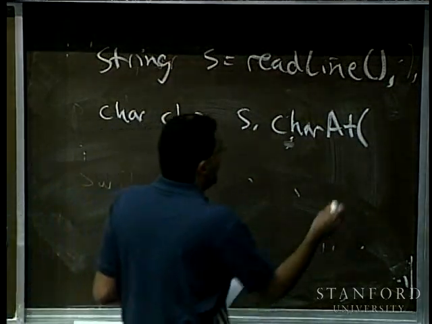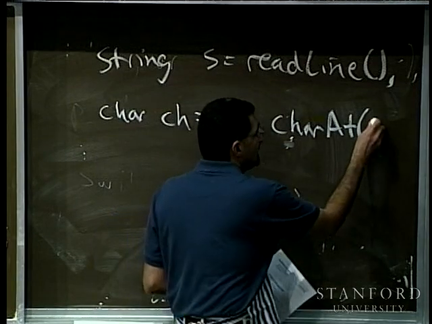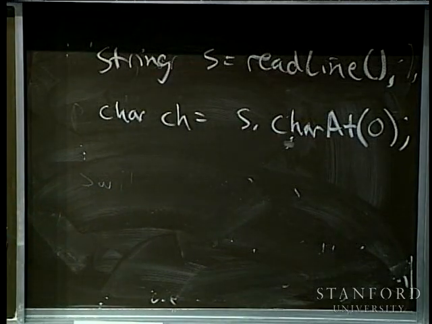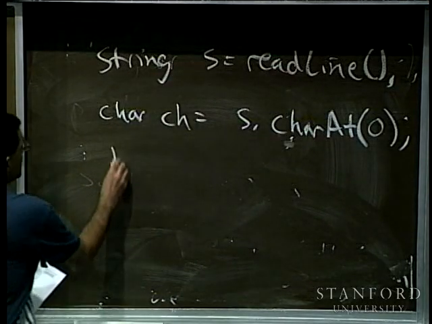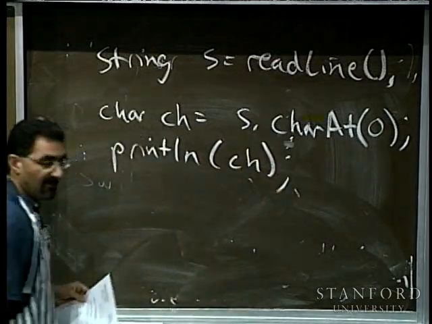As computer scientists, we always start counting from 0. So I can say charAt(0), and that's the very first character in the line that the user entered. I can do a println on that character directly, and it'll just write out that first character.